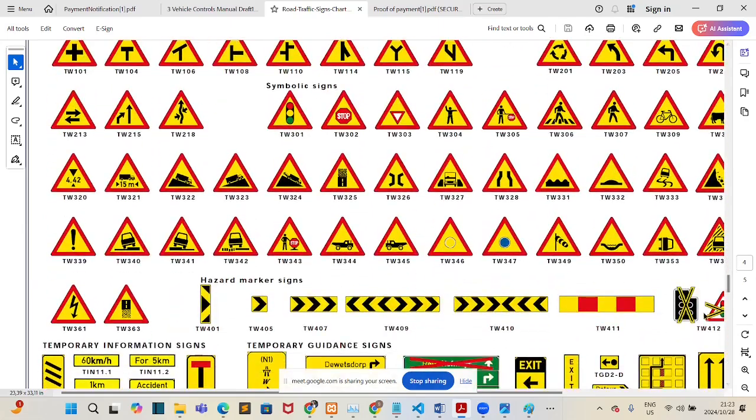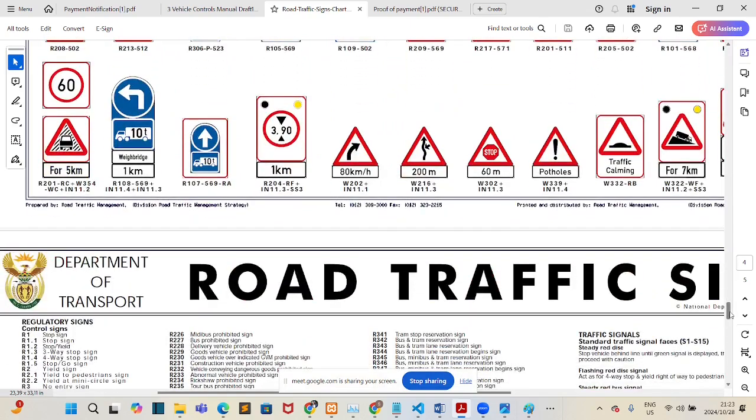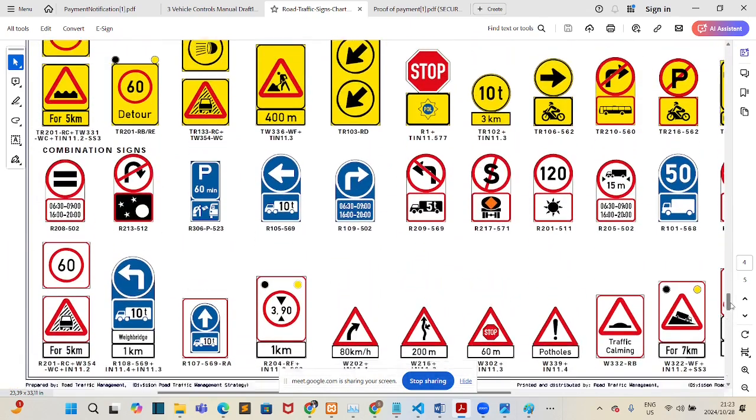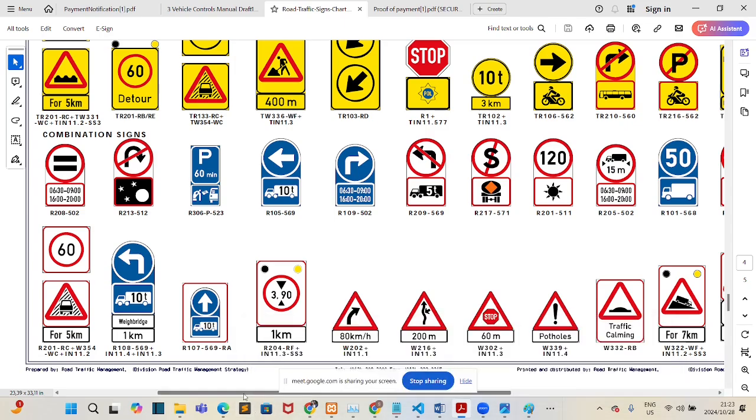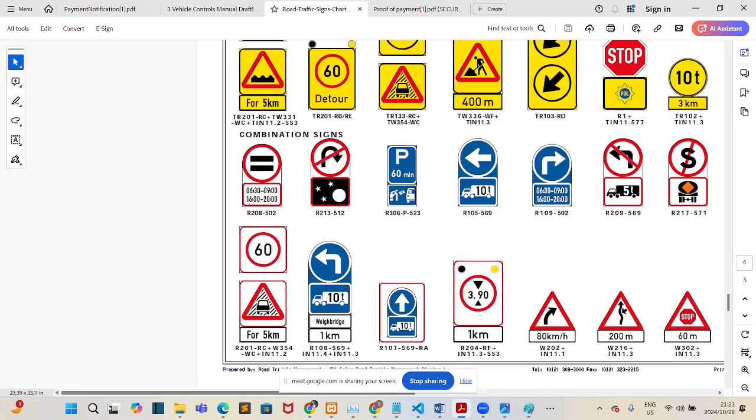It will look something like this, with the time at the top and this at the bottom, instead of that vehicle.